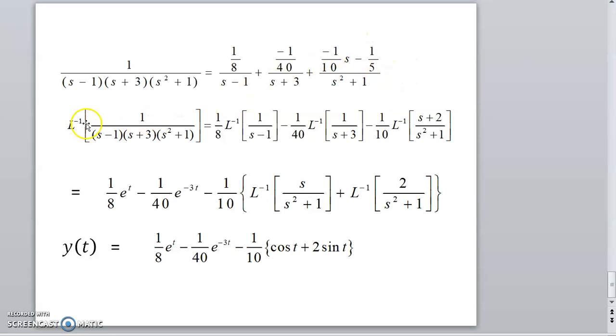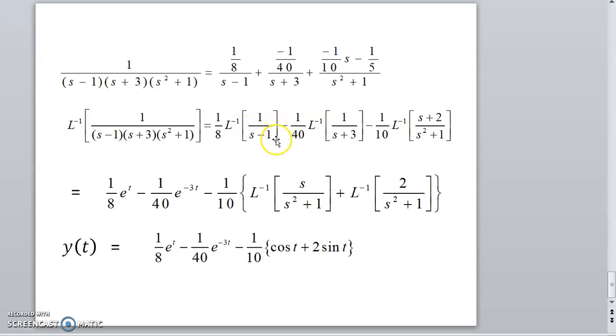So take L inverse. L inverse of 1 by s minus 1, s plus 3, s squared plus 1 equals, as we already know, the inverse Laplace transform satisfies the linearity condition. Therefore, take the constant element 1 by 8, and put L inverse on each term. Here L inverse is the operator of the inverse Laplace transform.